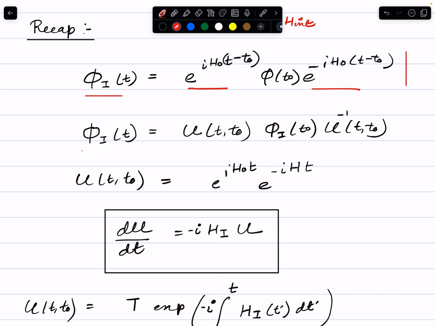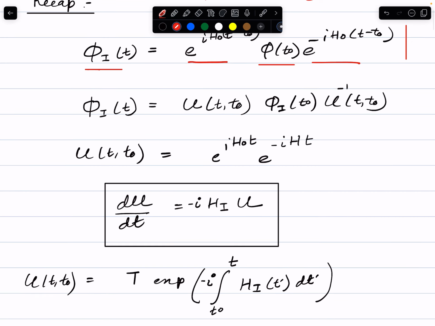And then we saw in the last class the way the field in the interaction picture, which is phi I of t, evolves. This tells you how the field in the interaction picture is related to the field in the Heisenberg or Schrödinger picture at a time t0.